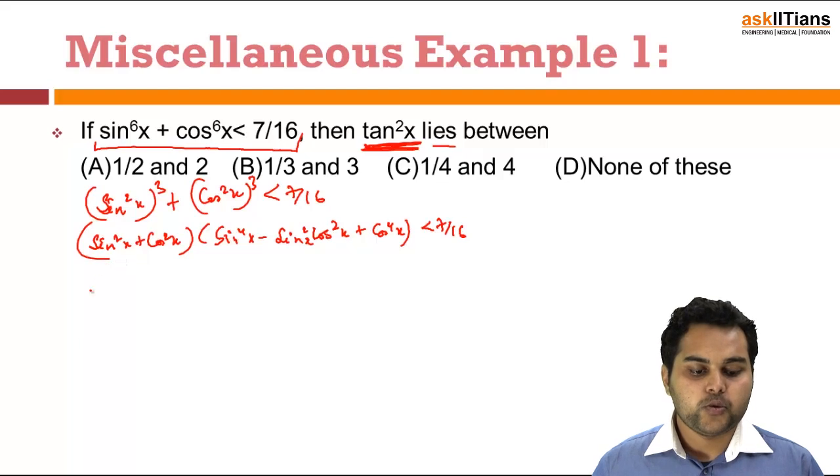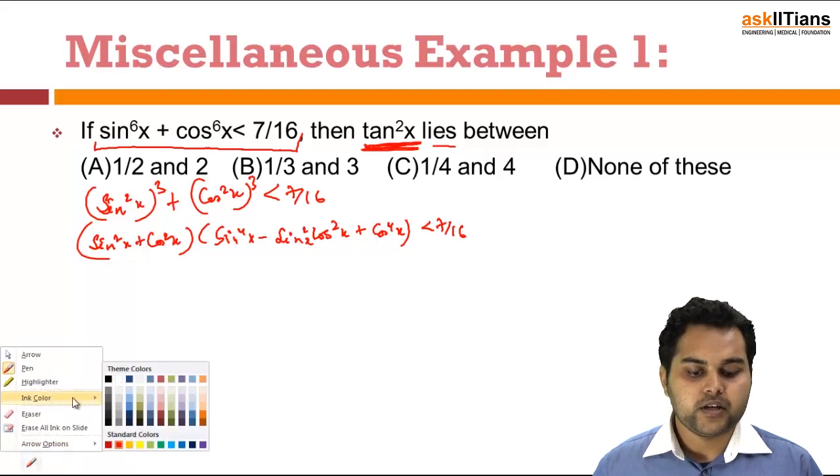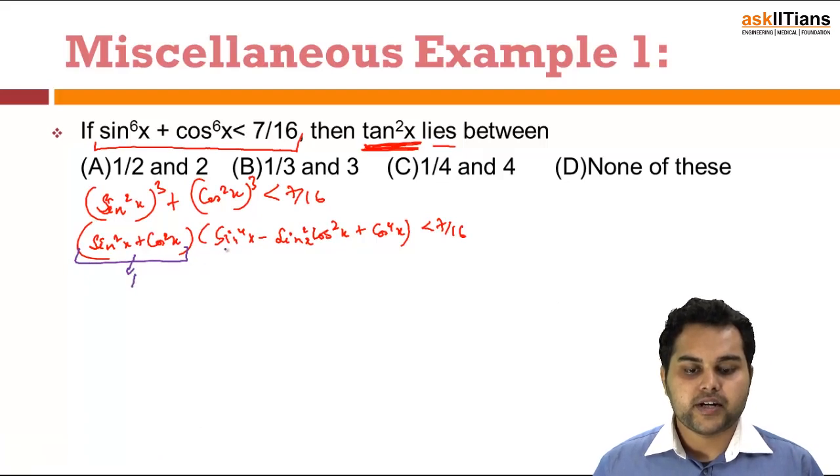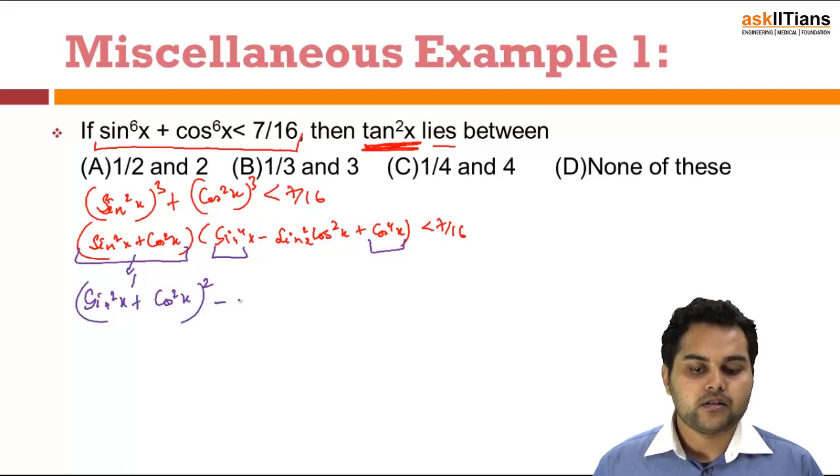Then the first factor would come out to be 1 as an identity, and the second bracket can be written as sin square x plus cos square x whole square minus 2 sin square x cos square x minus sin square x cos square x.